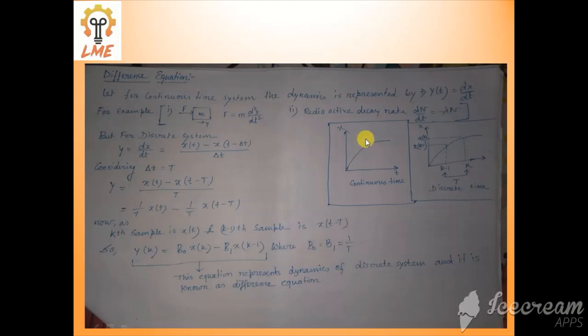If you apply a force on a mass m and the displacement is y, then we know the equation F = m d²y/dt² represents this system. This is nothing but a differential equation and it represents the whole phenomenon. Similarly, radioactive decay rate can be described by dN/dt = -λN, where λ is the decay constant.